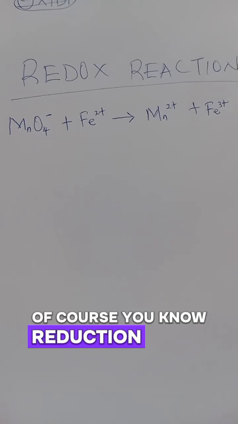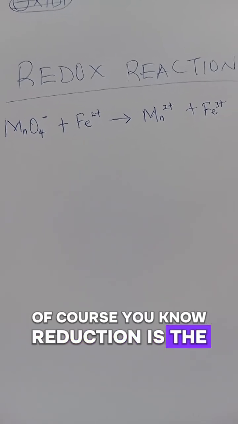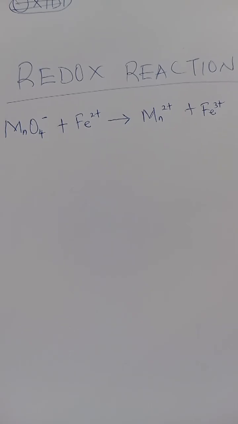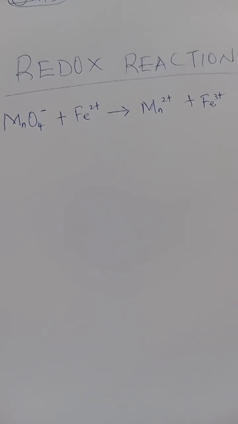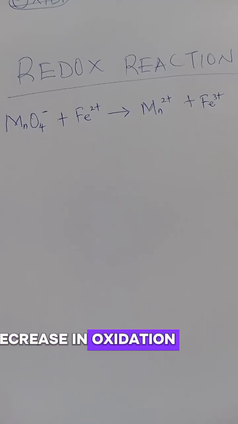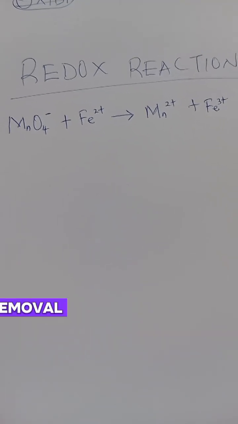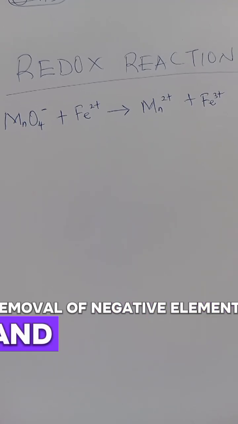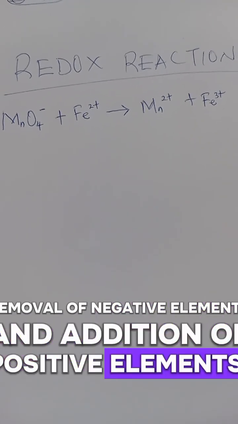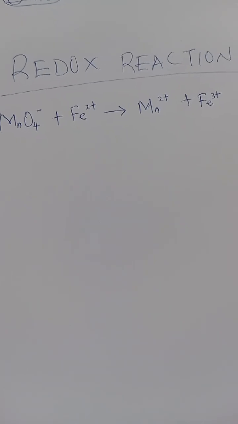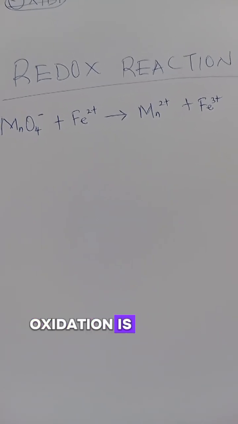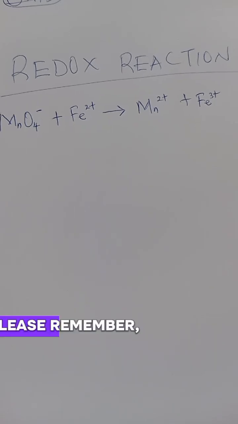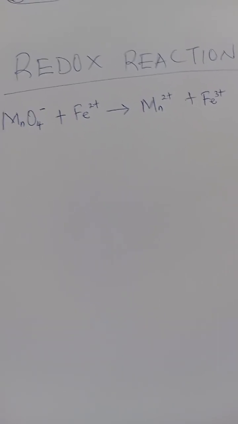Of course, you know reduction is the loss of oxygen, the gain of hydrogen, decrease in oxidation number, removal of electronegative elements, and addition of electropositive elements. Whereas oxidation is the loss of electron. Please remember, reduction is the gain of electron.